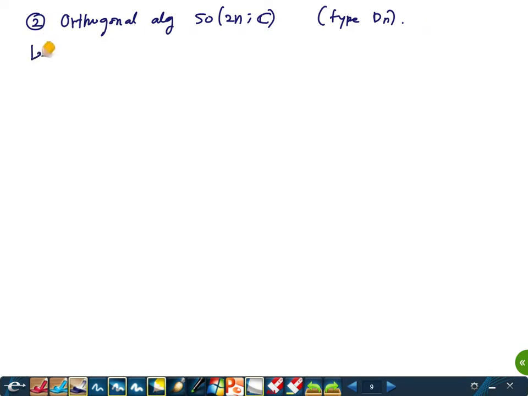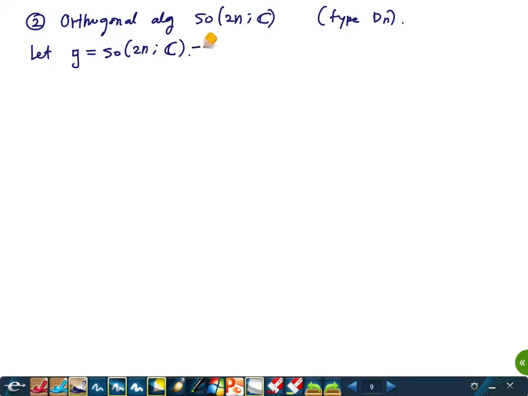So let g be this orthogonal algebra, and then we will do basically the same thing. We will find k, this compact real form, and then t, a maximal commutative subalgebra, and then h, and then the root space decomposition. Okay, we will do that.